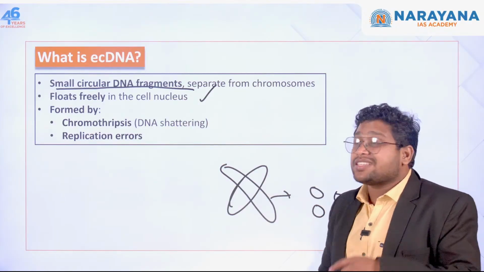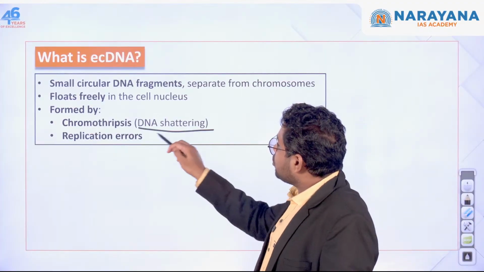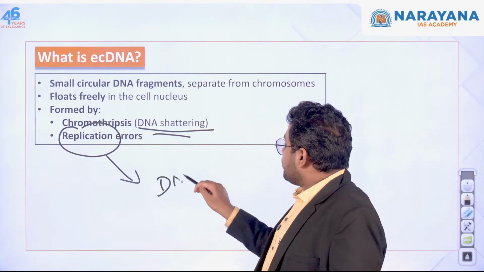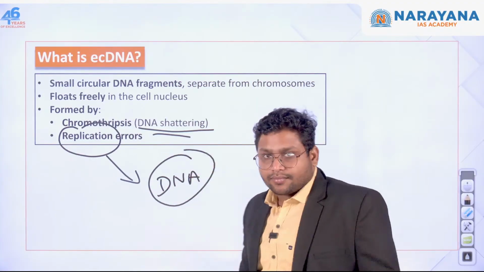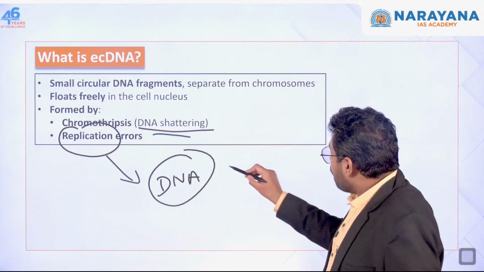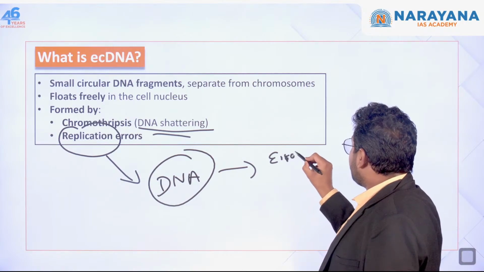Now why does this happen, why exactly do they get separated? The reason could be specifically replication of your DNA. When the DNA makes its copies, DNA replication is taking place, and while this replication is happening, let's say some errors take place.